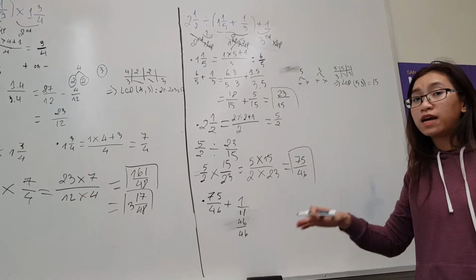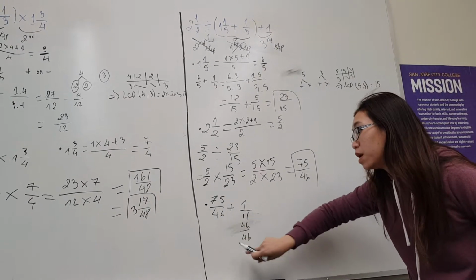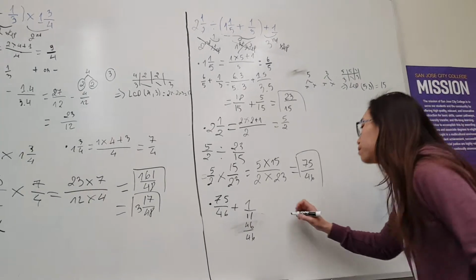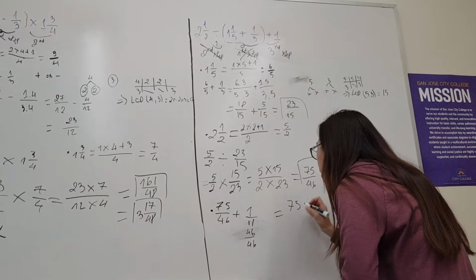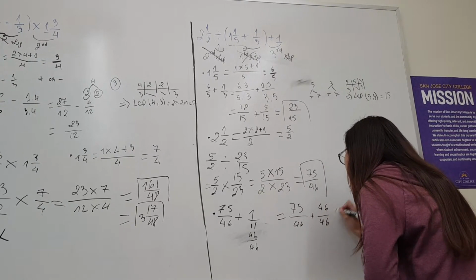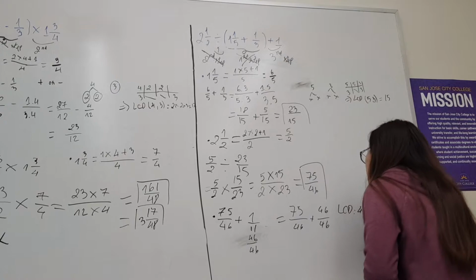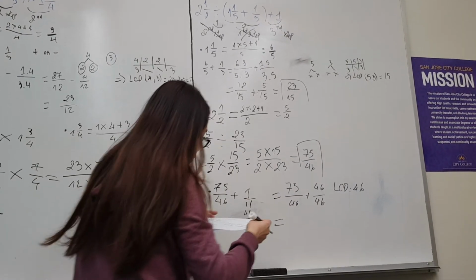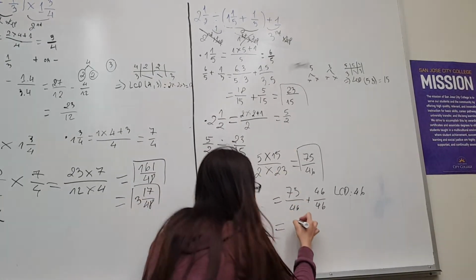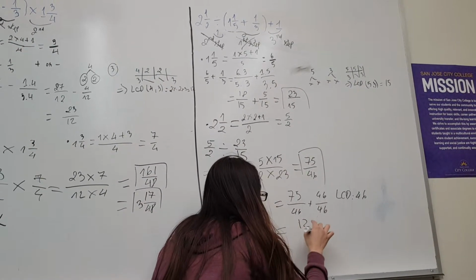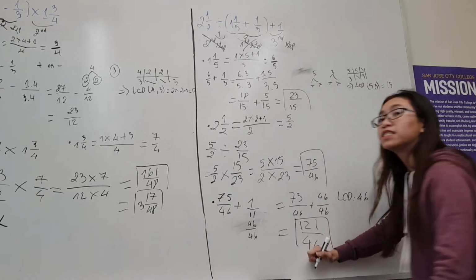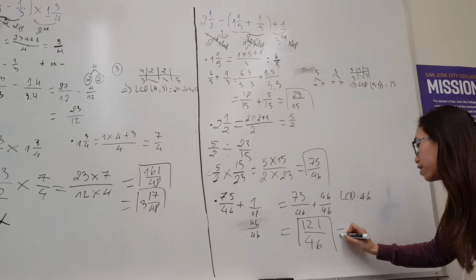You don't need to find the LCD because when you see the same denominator, 46, it means the denominator is the same. 75/46 plus 46/46, LCD 46. My answer, third step, I have 121/46. The last answer. Or you can write the mixed number.